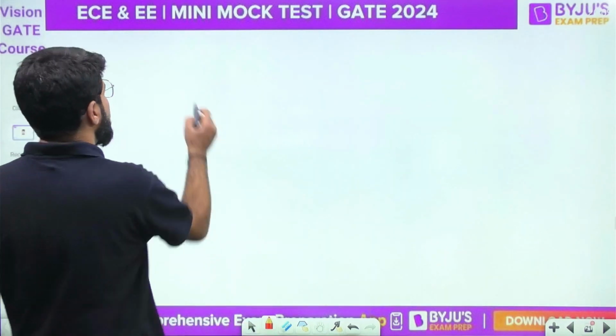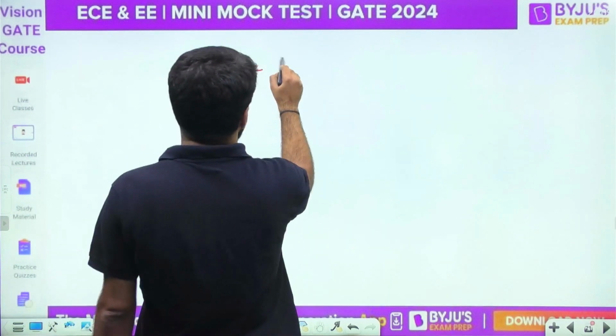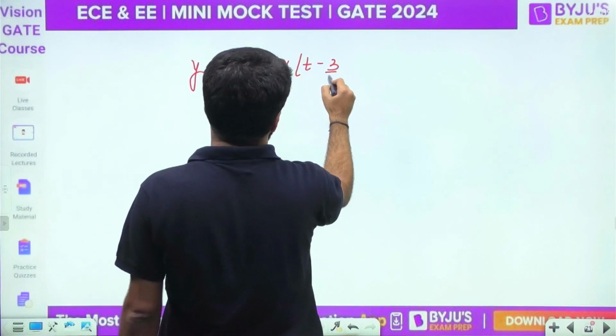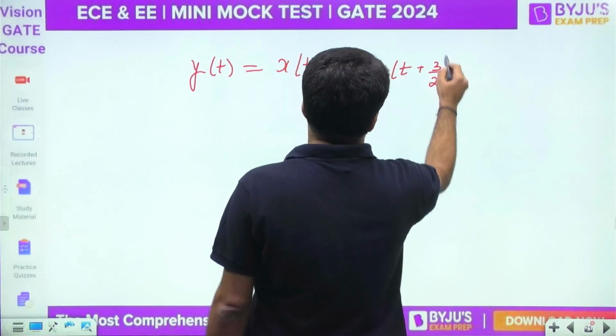Now we can complete this answer. What is y of t? It is given as x of t minus 3 by 2 plus x of t plus 3 by 2.